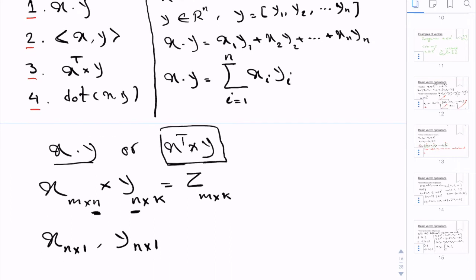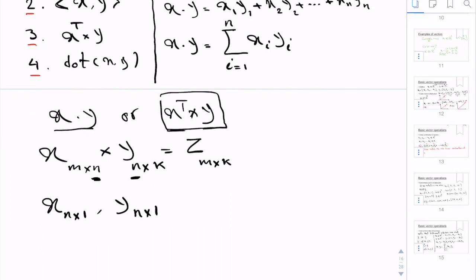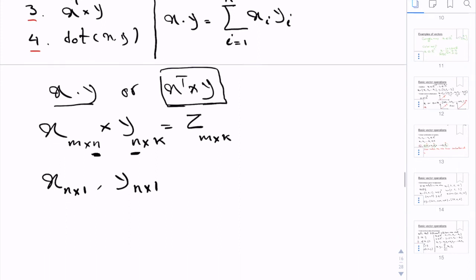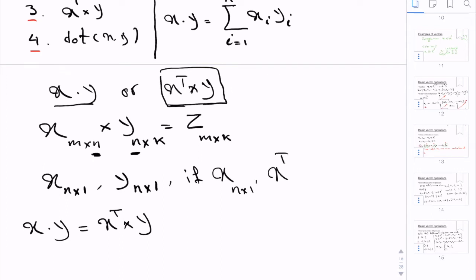Now, if we consider both of them as two matrices and we wanted to multiply them, then the inner product, or X dot Y, is equal to X transpose times Y. That makes sense because if X has dimension n by 1, then X transpose is 1 by n, right?